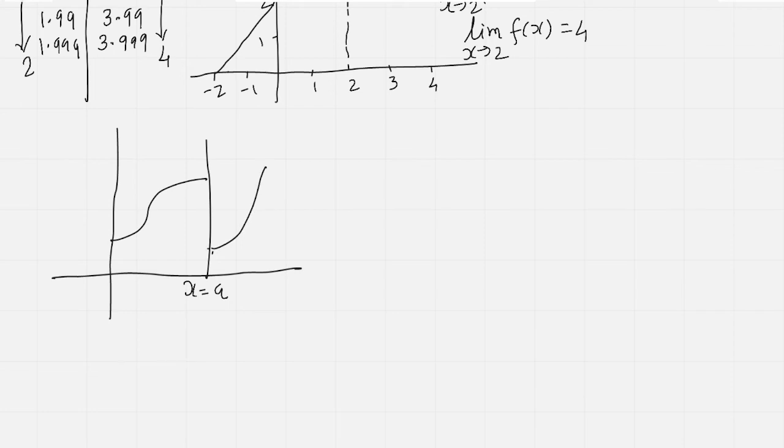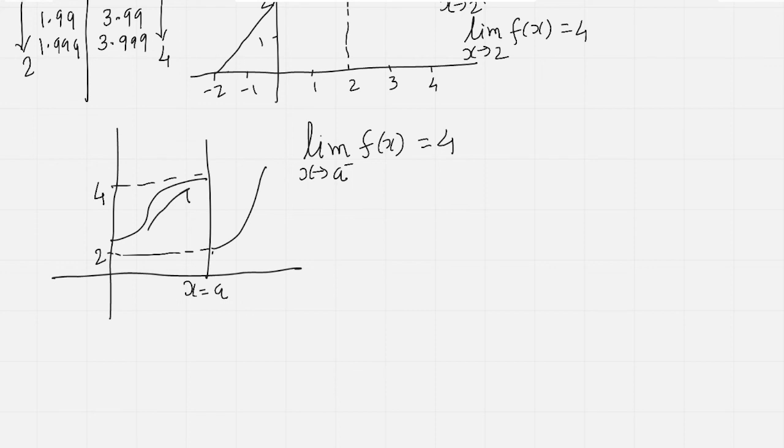Okay, so here this value is suppose 2 and here suppose this value is 4. Okay, so you can see that as we approach x is equal to a from the left hand side, f of x approaches 4. Okay, so we can write this like limit f of x as x approaches a from the left side is equal to 4.